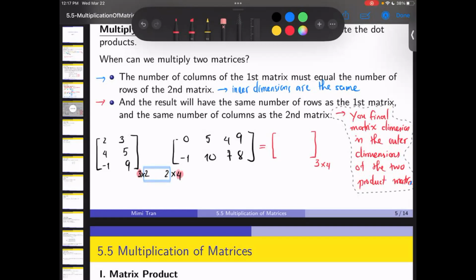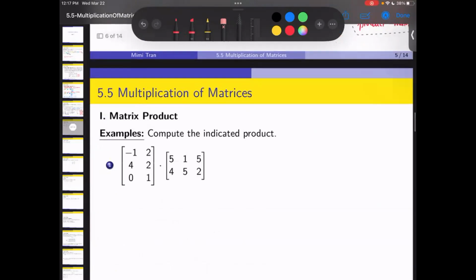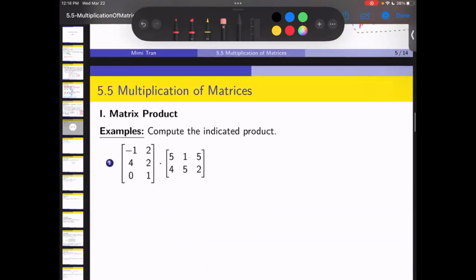You say cannot compute product because inner dimensions are not the same. Let's compute this one. Before I compute, I have to check, right? This is 3 by 2, and this is 2 by 4. So yes, they match. We're okay.